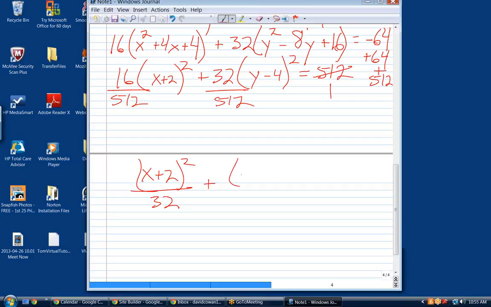Okay, so this must be y minus 4 squared over 16 equals 1. Okay, let's rewrite that as 4 root 2 quantity squared. Don't have to do this part, I just kind of do it for clarification. Okay. h equals negative 2 and k equals 4.